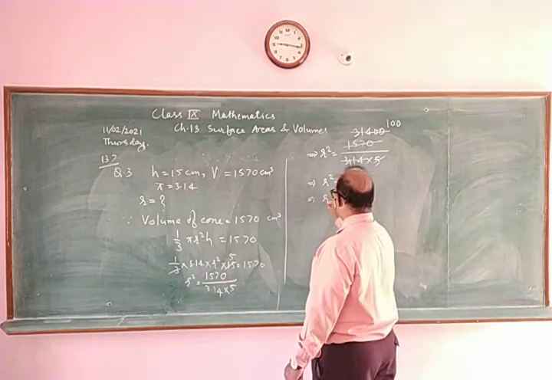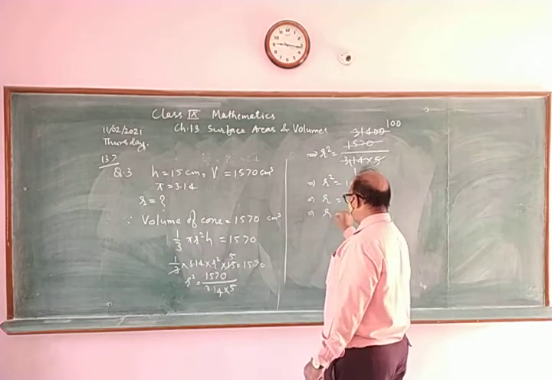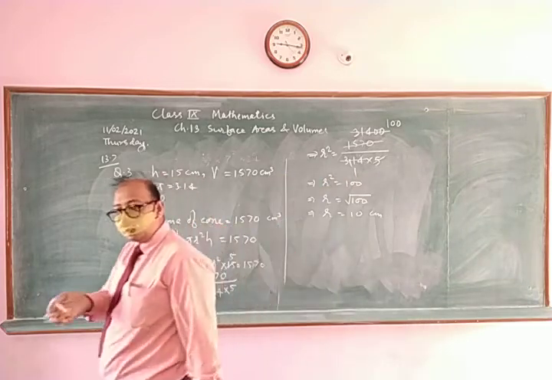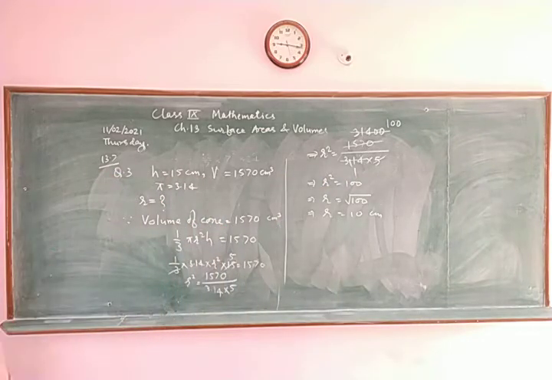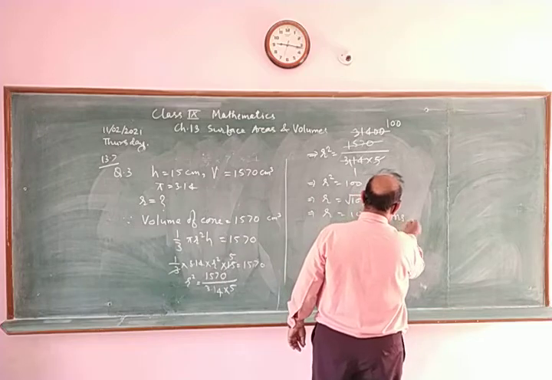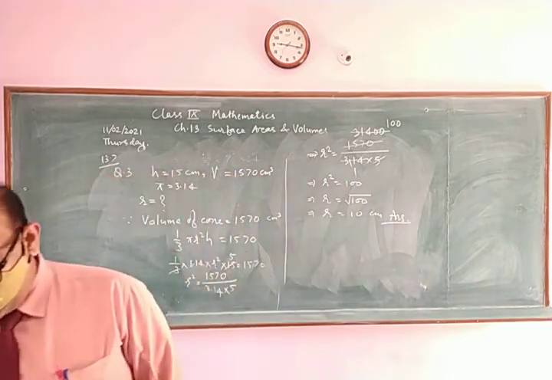So r is equal to root of 100. So r is equal to 10 centimeter. This we have to find out. Find the radius of the base. Answer: radius of the base is 10 centimeter. Okay. Note it down.